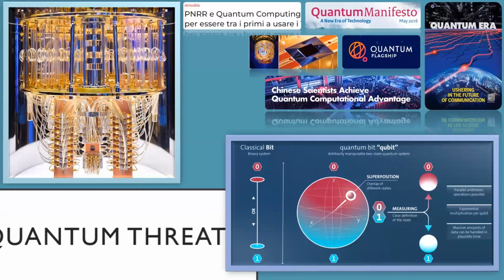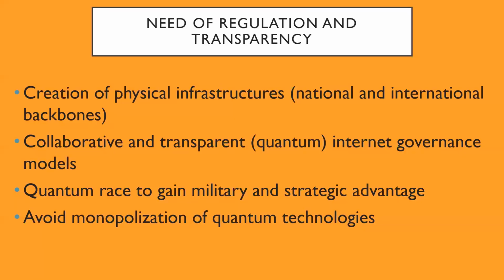In Europe, for instance, there is the Quantum Flagship Initiative. They also wrote a quantum manifesto to establish a roadmap for quantum technologies. This information also expresses a need for regulation and transparency, so that we are really aware before starting to study this kind of technologies.